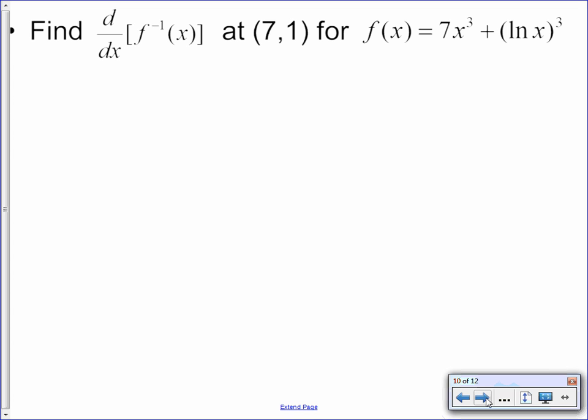Here I actually tell you what the point is. Okay, I want the inverse evaluated at 7,1 when our function is 7x cubed plus the natural log of x cubed. Okay? We cannot solve for this inverse. So in order to take the derivative, we have to think about the derivative of the original function.